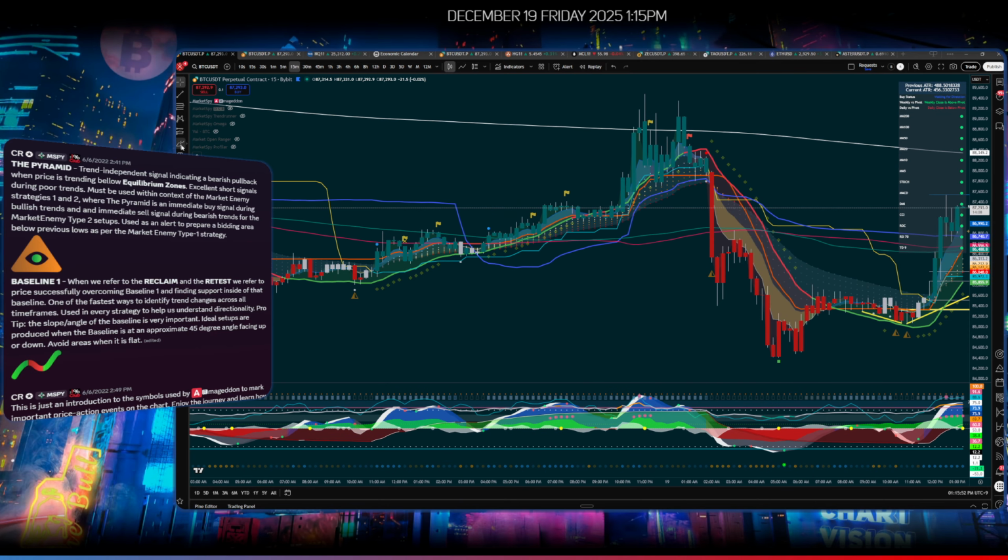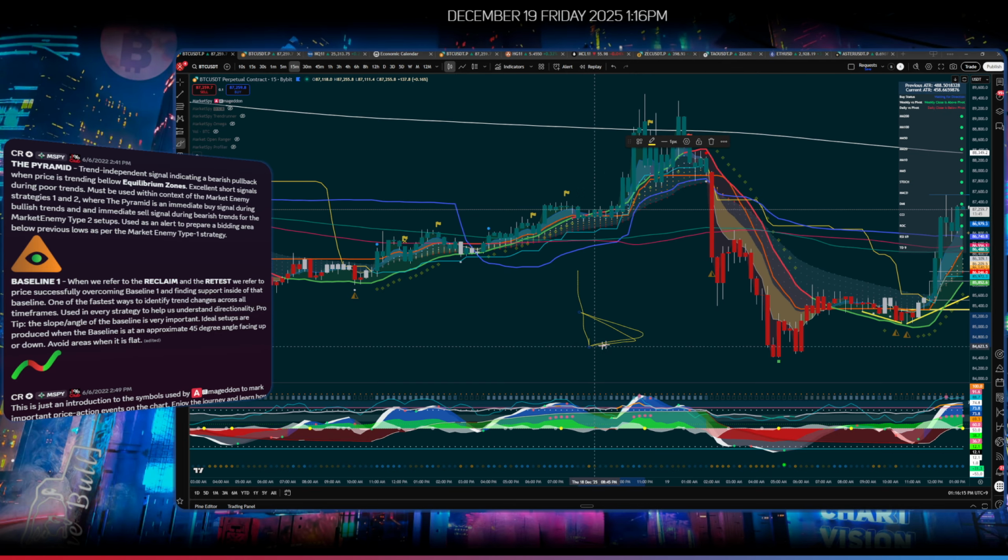So post dump, we have a dump. Price starts to move down to the impulse point. Pyramid shows up. Contextually, this is a long signal. And the opposite is true when you have an inverted flag.